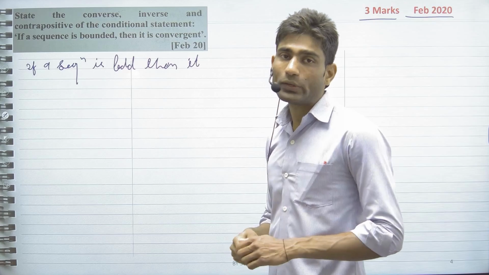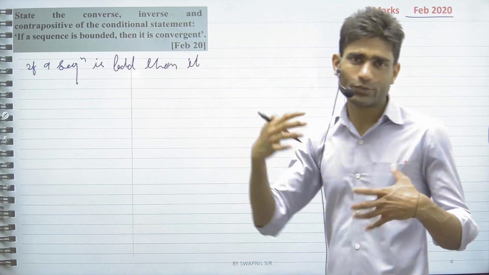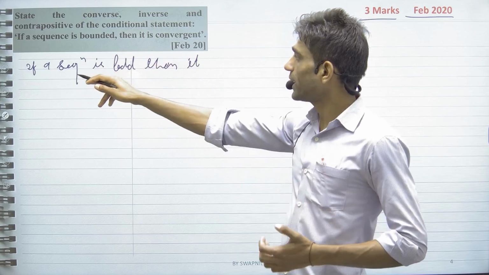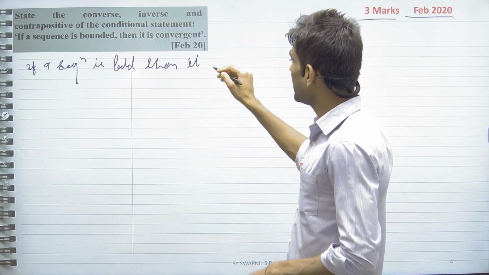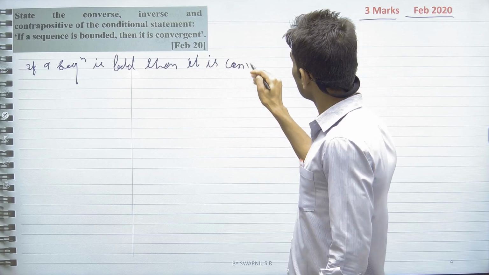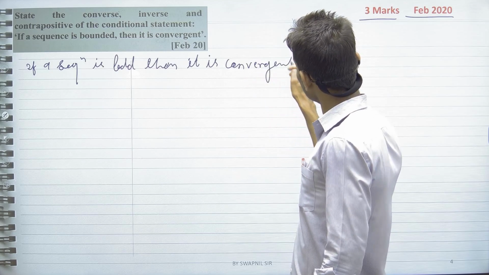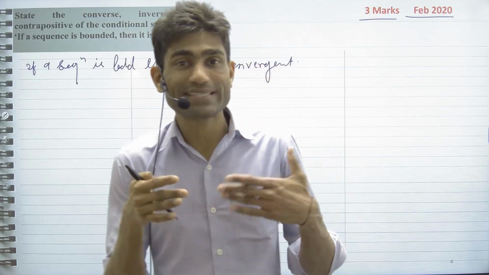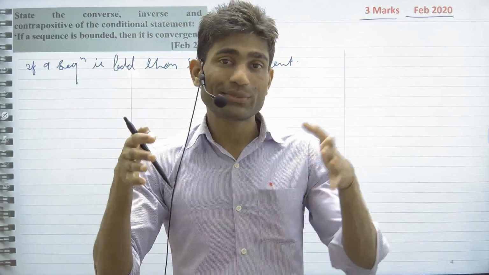I will explain the meaning of that for a sequence too. A bounded sequence means a sequence which has an upper bound as well as a lower bound.